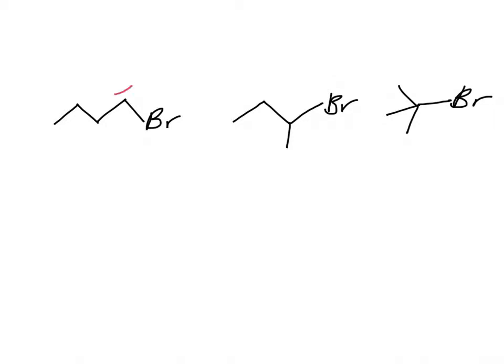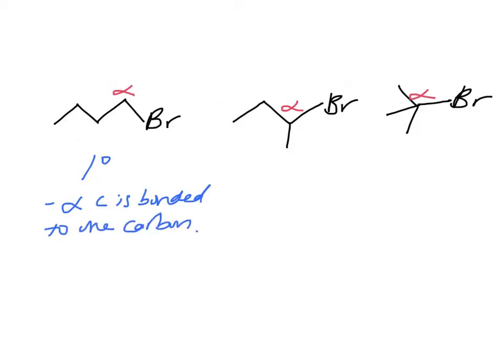Let's define the alpha carbon. Okay. So here we have a primary alkyl halide. The alpha carbon is bonded to one carbon. Next we have a secondary alkyl halide.